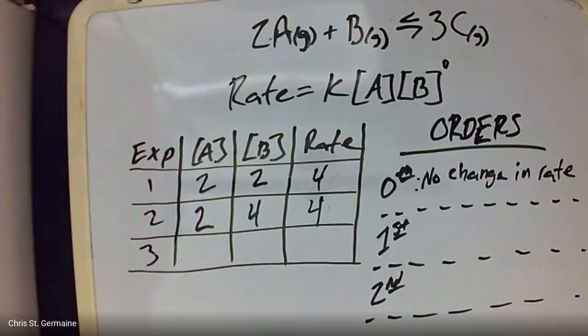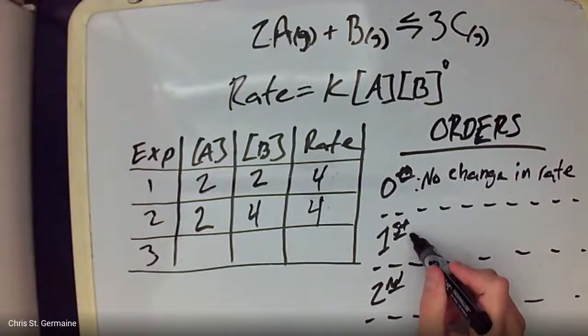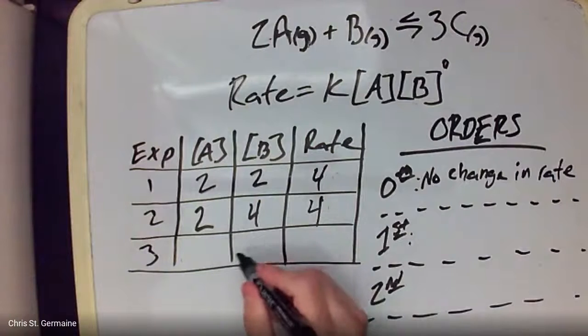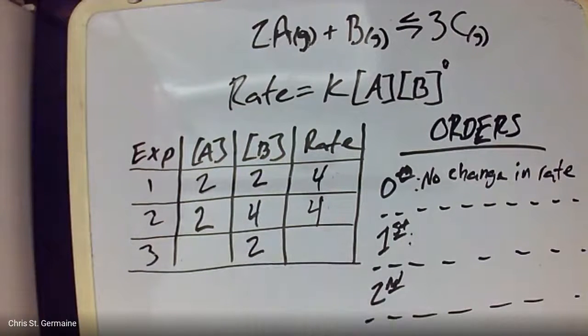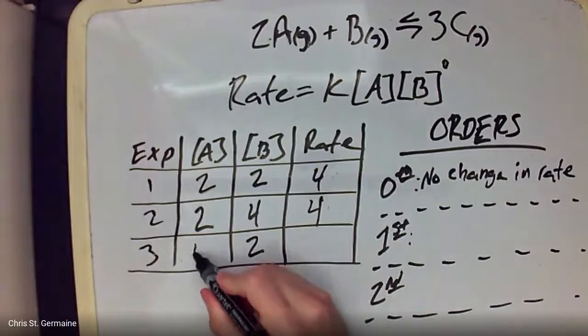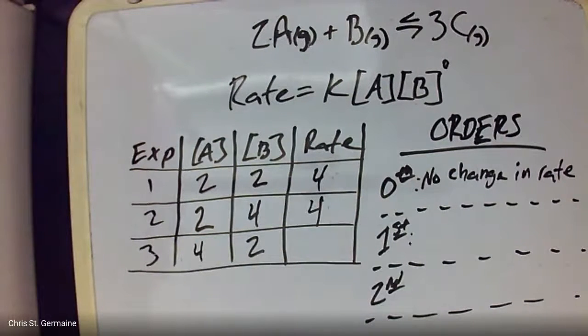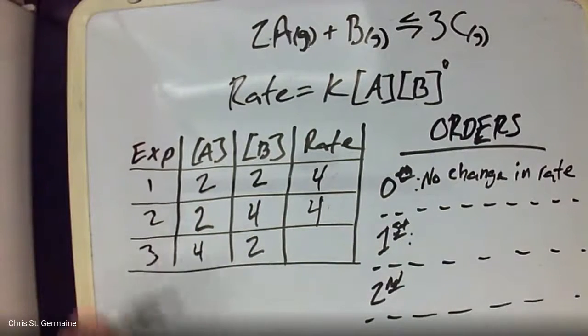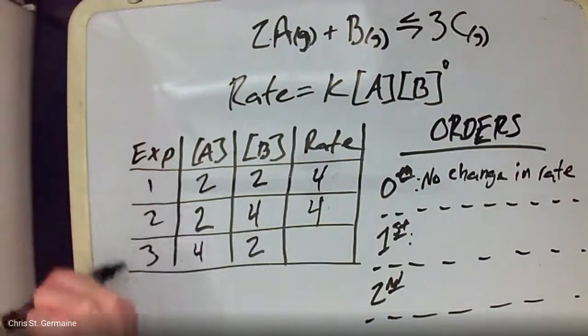Okay. Now, the other one is first order, meaning let's say we keep our B the same, but now we double A. When we double A, again, I'm comparing from 1 to 3, right?